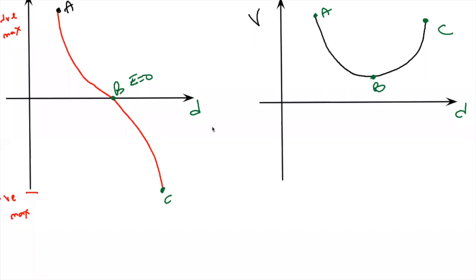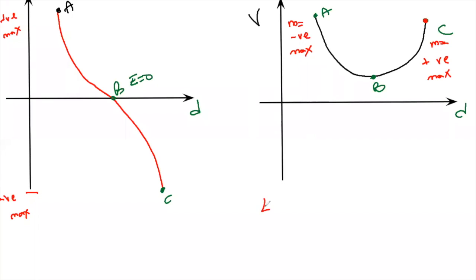Now let's look at this comparison. And this is like the crucial part, which you have to get. When E is plus VE max, we know that the gradient is minus VE max, right? The gradient is going to be minus VE max. And when E is minus VE max, when electric field is maximum in the negative, we know that M at C is plus VE max.